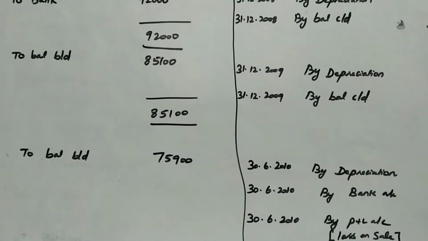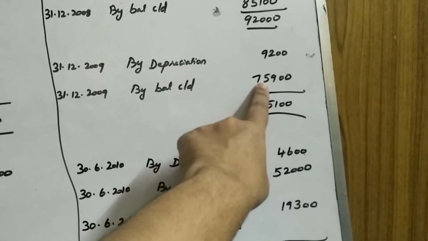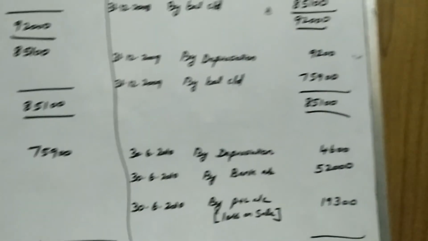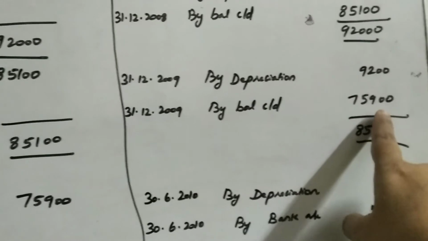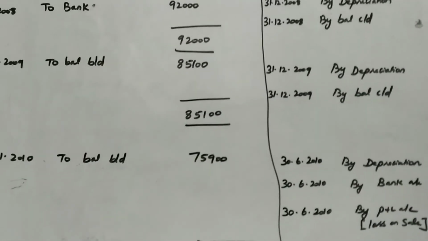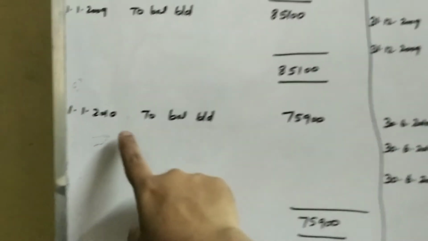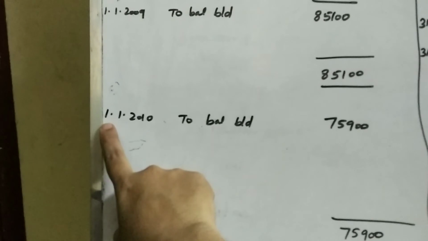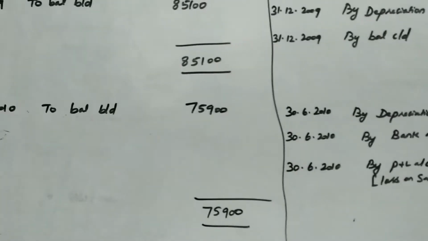Again on 31st December 2009, the carried down balance will be 75,900. Make both sides equal, 85,100. And then this 75,900 has to be brought down on 1st January 2010 to balance brought down 75,900.